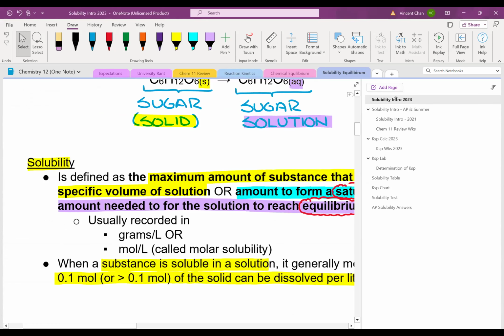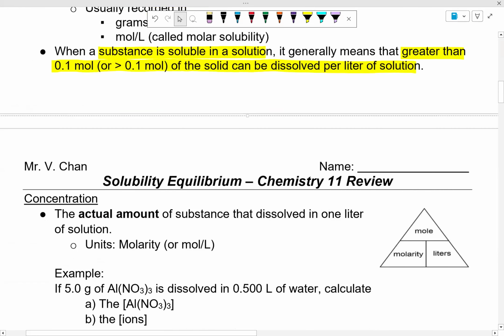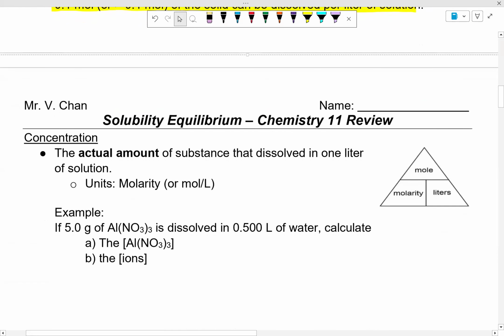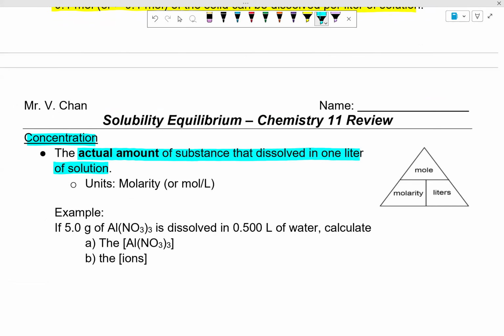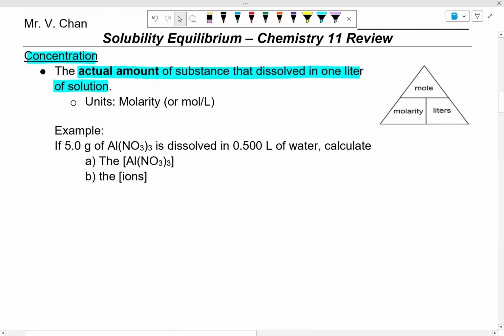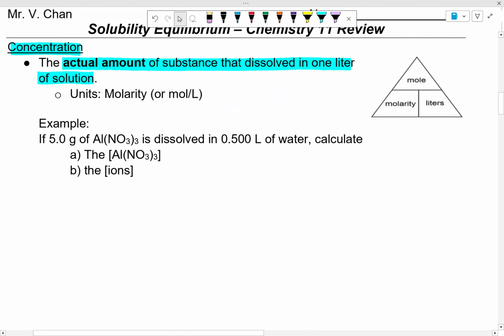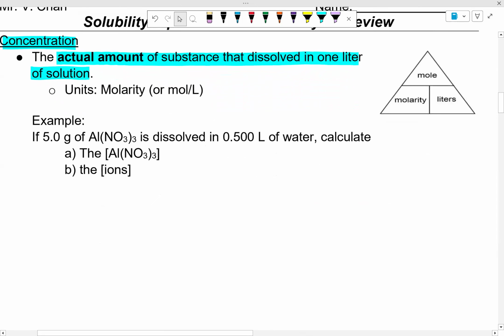Now, a couple of things that you should remember from chemistry 11. Number one is concentration. Concentration is the actual amount of substance that dissolves in 1 liter of solution, and the unit is molarity. You could use a little triangle where you have molarity, moles, and liters, and it'll give you the formula.